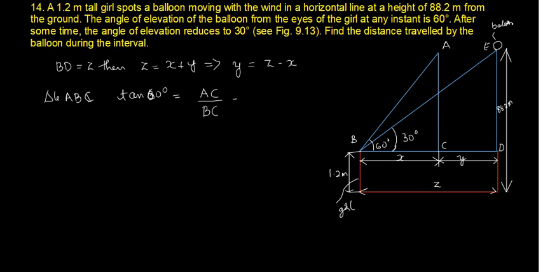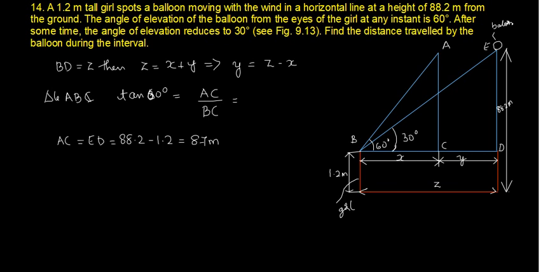AC, we have the total height from the viewpoint of the girl. AC is equal to ED. 88.2 is the total height from the ground. We have to subtract the girl's height, that is 1.2. It will be equal to 87 meters.